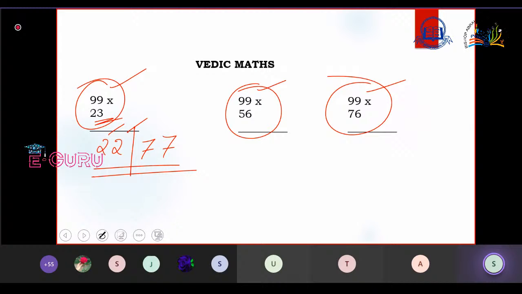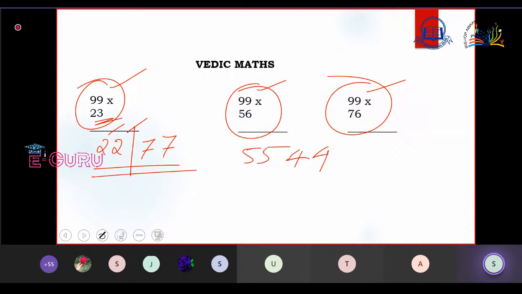Clear? Again, in this case, 99 into 56. So we just write 55, 1 less than 56. And the second part is 9 minus the first part. So 9 minus 5 is 4, again 9 minus 5 is 4.